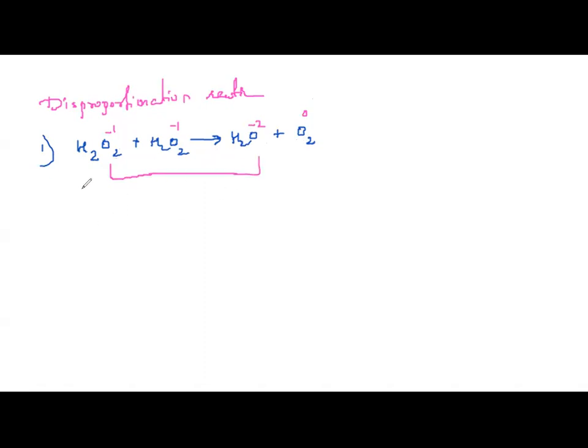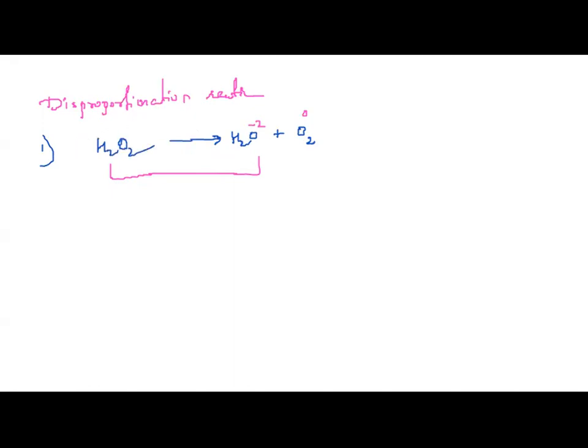Observe, -1 is becoming -2. Oxygen only, two molecules, both are the same, so I can say a single molecule. Or I will write this reaction like this also, don't get confused. H2O2 gives 2 molecules.